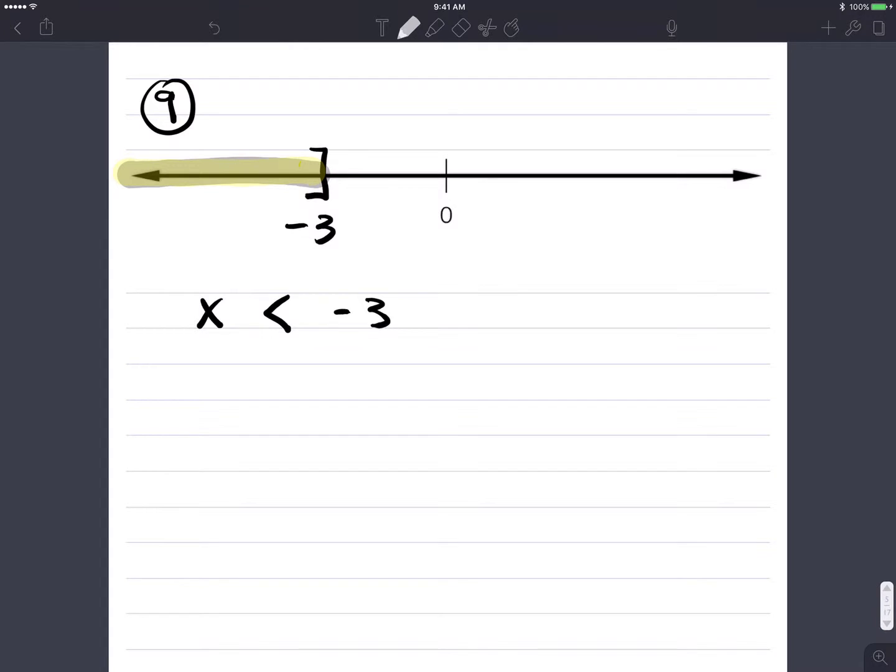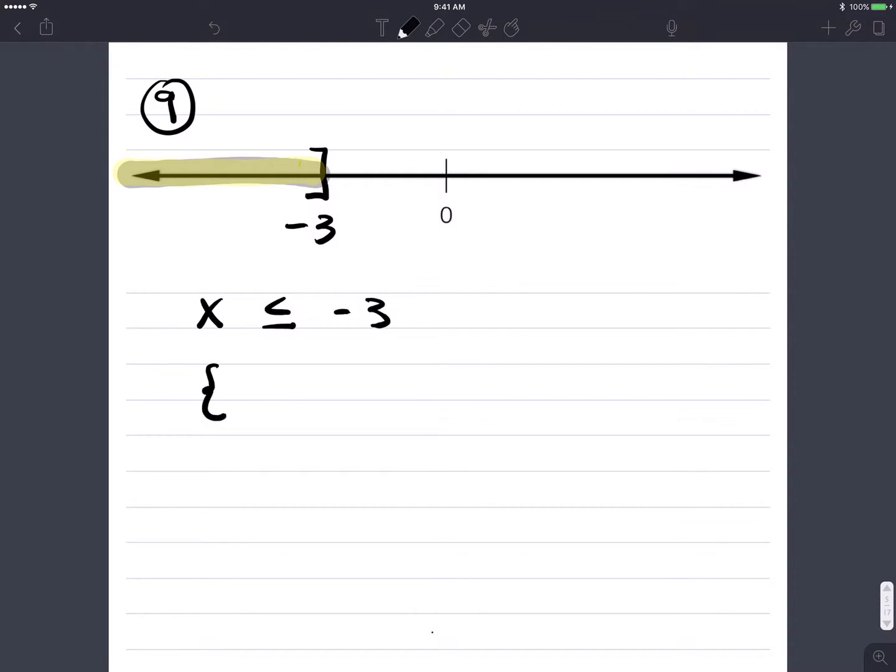Now, because the bracket here is a square bracket, that means we include the value of -3. And so the symbol you're looking at is the less than or equal to symbol. It is strictly smaller than -3, and it also equals -3. And this is a description of the numbers that are shaded in your graph.